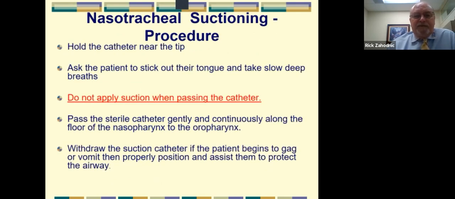We'll hold the catheter near the tip, have the patient stick out their tongue or take a slow, deep breath. We do not apply suction when the catheter is being inserted into the nasopharynx, ideally, again, through the nasopharyngeal airway. And once the patient begins to gag or cough, we want to remove it and attempt it again.